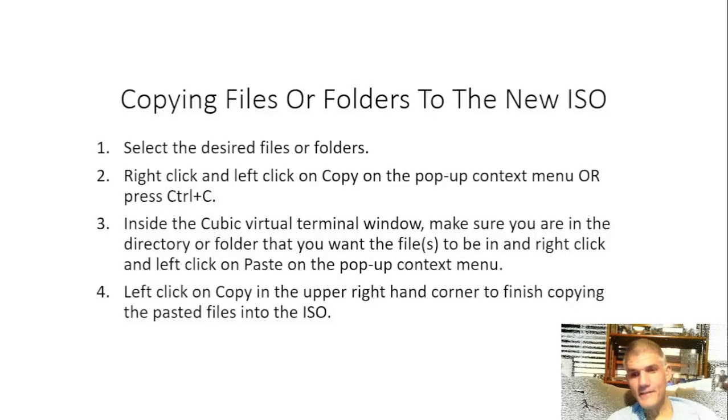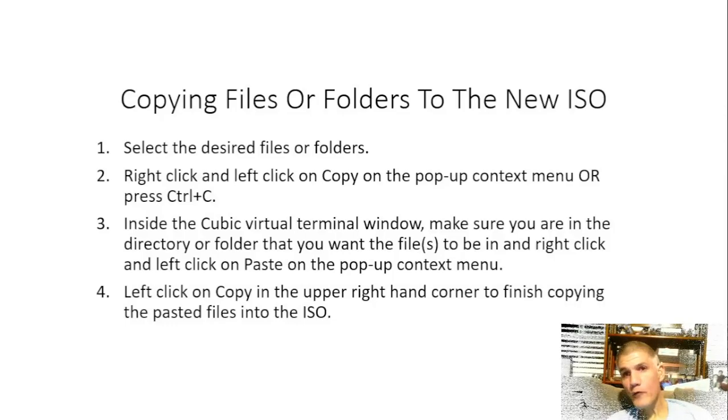Alrighty, it's very easy to copy files to your custom Linux distribution ISO. You simply select the files and folders in your favorite file manager. You just right click on them and left click on copy from the pop-up context menu, or you can just hit Control C. Then inside the Keep It Virtual environment, which is the environment we've been working inside this whole time, you just make sure you're in the destination folder that you want the files or folders to be copied to, and then you simply right click inside the virtual environment and left click on paste.